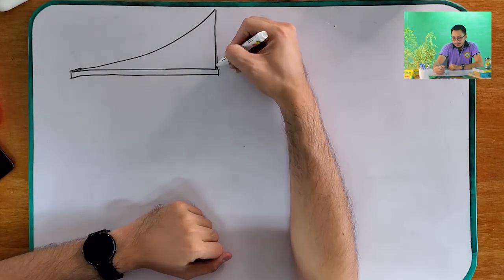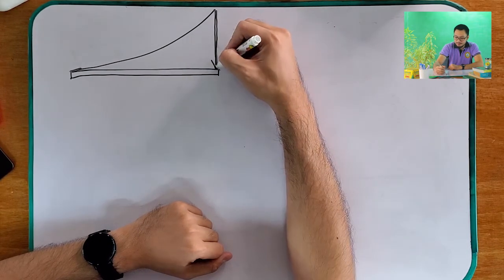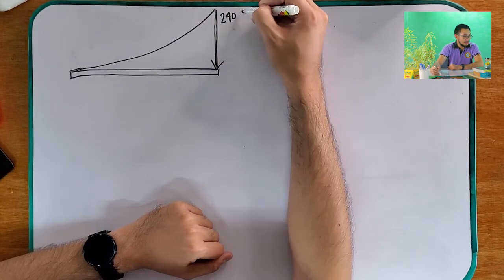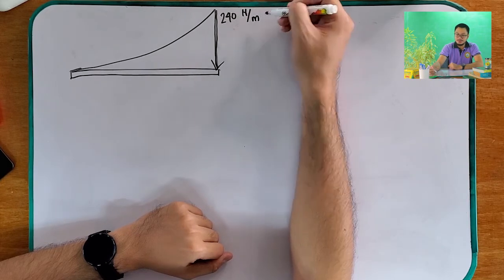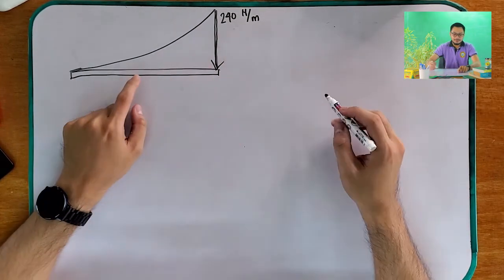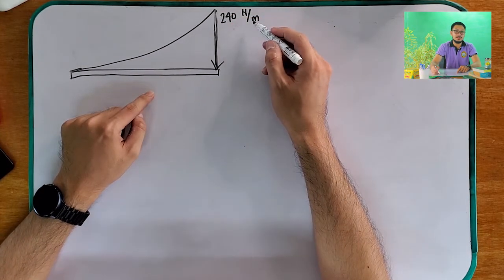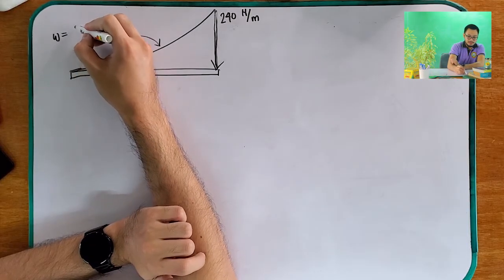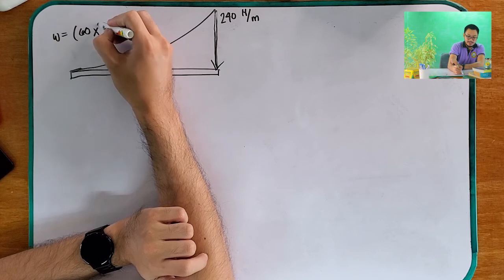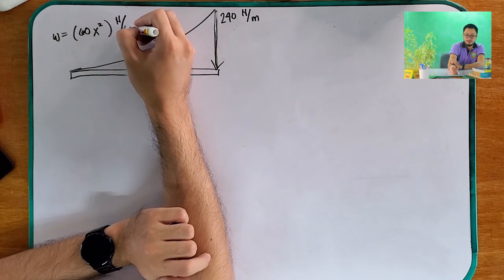The biggest end of the curve is 240 Newton per meter. Take note that the unit of our distributed loading is always Newton per meter. Okay? Because what does that mean? It is 240 newtons per meter. And your curve has an equation w equal to 60x squared Newton per meter.